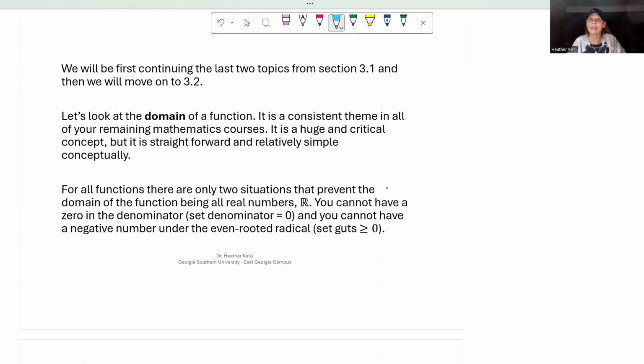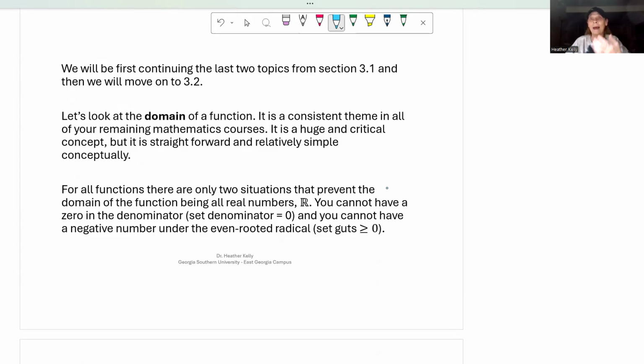Just because you have a function doesn't mean every number from negative infinity to positive infinity can be evaluated at that function. Now, almost all of them can, and there's only two kinds that can't, and that are functions that are rational because you cannot divide by zero, and that are functions that are even rooted radicals, square roots, fourth roots, sixth roots, eighth roots, 88th roots, even radicals, because those cannot have negative radicands.